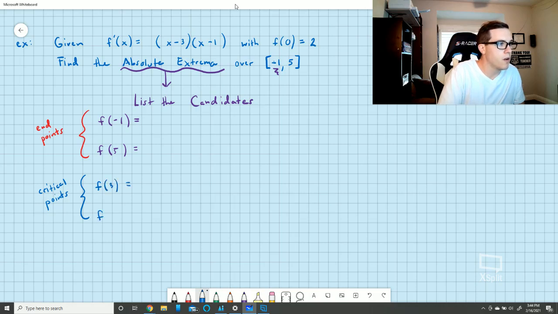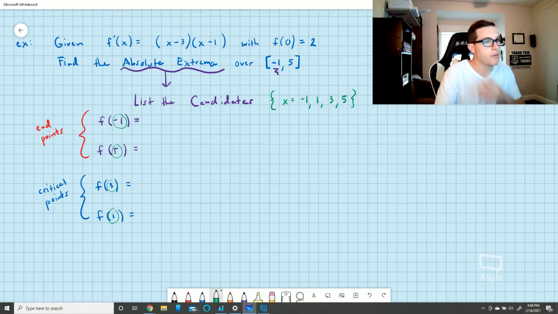It's going to be 1. So essentially, the candidates are x equals -1, 1, 3, and 5. The absolute max and absolute min have to occur at one of these spots.